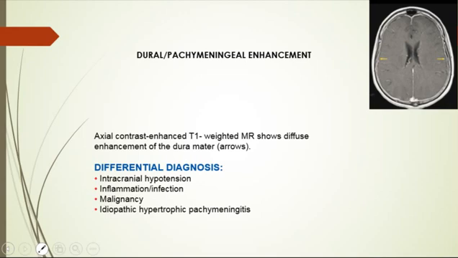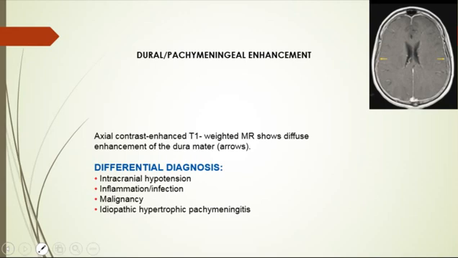Also, non-contrast FLAIR MRI sequence can be effective for identifying pachymeningeal thickening and subdural effusions or hematomas in cases of CSF hypotension. The thin linear dural enhancement is a common finding in post-operative patients. Focal or diffuse dural enhancement has been described in various other inflammatory and autoimmune, infectious, and neoplastic conditions.